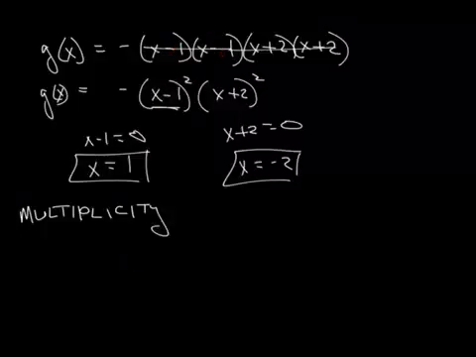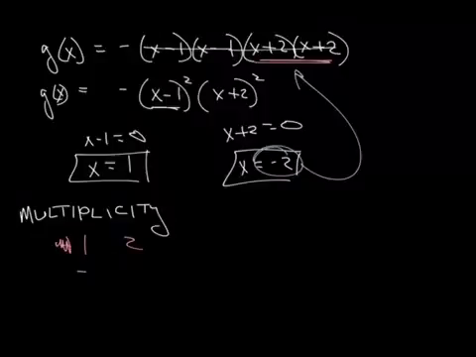So the multiplicity of negative 1 is 2. The negative 2 here, or I'm sorry, the 1, it's just a 1, not a negative 1. Then the negative 2 right here, how many times does it fit in here? Twice, so the negative 2 has a multiplicity of 2.